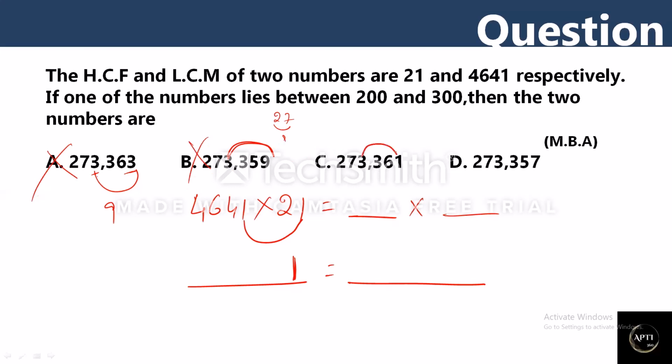Next, 3 into 1 is 3, not satisfied. Here 9 times 3 is 27, ends with 7, not satisfied. If you want, you can go with the digital sum or directly check the unit digit. Now the fourth option, 3 into 7 is 21, which ends with 1. So the only option that satisfies is option D.